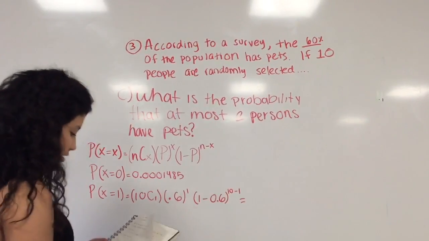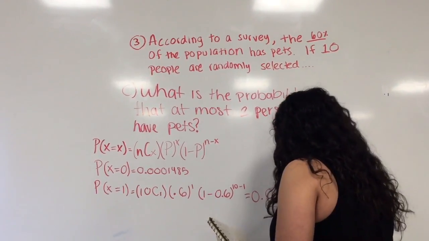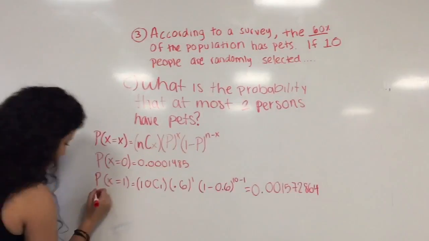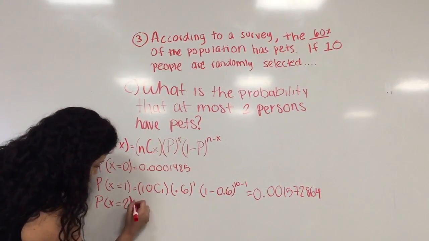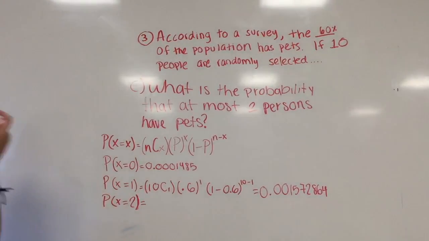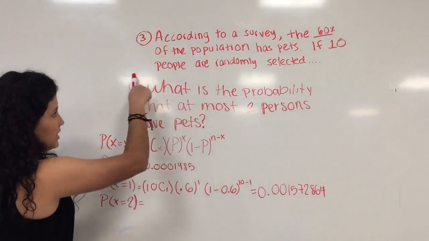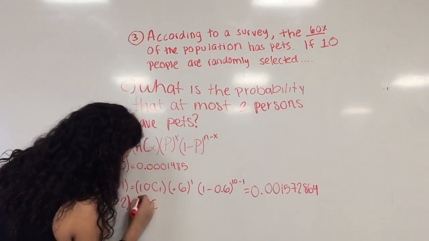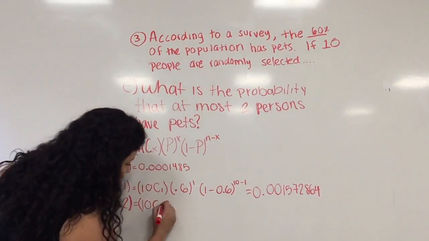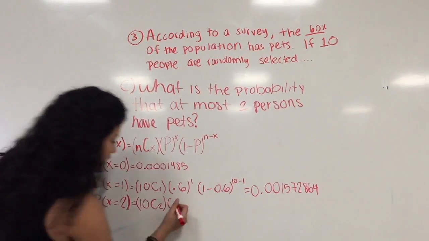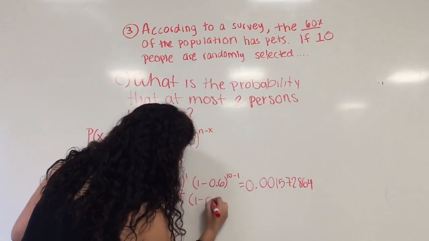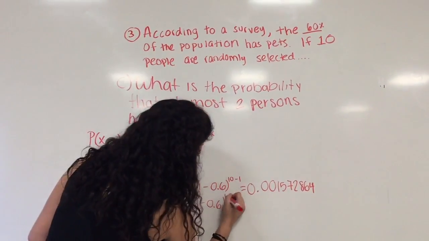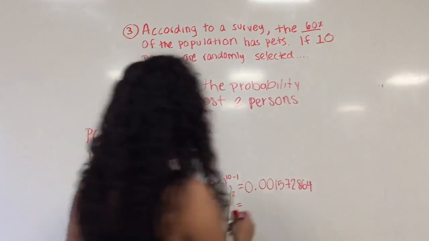And this in the calculator is, and then with number 2, we do the same thing: use the 10 because of the people that are randomly selected, and here our x is equal to 2, so we use the 2, times 0.6 because of the percentage we have, to the second power, and then 1 minus 0.6, and in the exponent we have to do 10 minus 2, that is equal to.